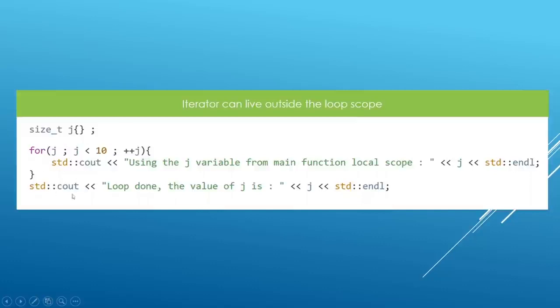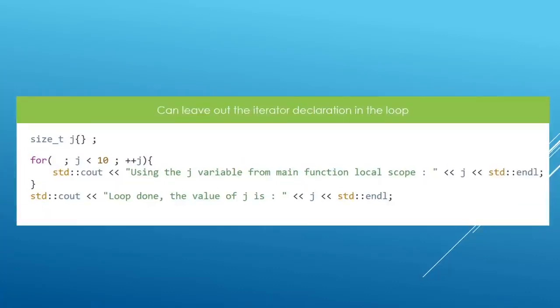If we do it like this, then j is going to be usable outside of the loop, and we're going to see its value if we print it out like this. So this is also something you can do. You can even go all crazy and leave out the declaration part if you happen to have the iterator declared outside. So if you do something like this, it is also going to work.